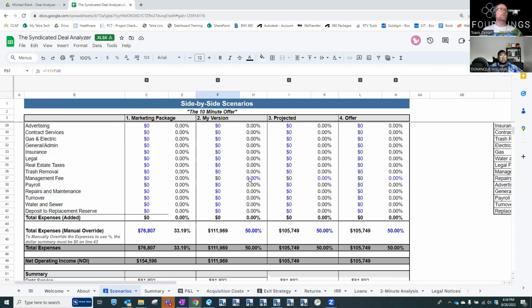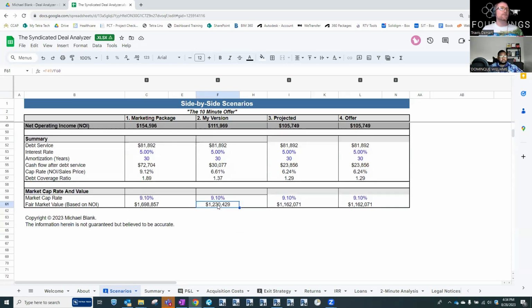So just making those two changes, you'll see here it says that this property is no longer worth 1.7 million, but now it's dropped to, hey, it's only worth 1.2 million. So that's a pretty significant difference.